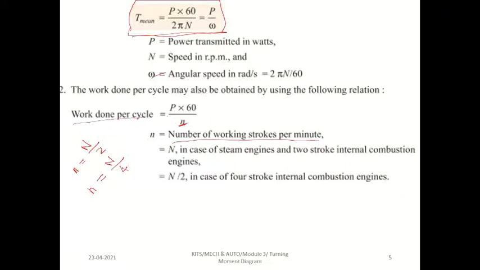Sorry, N by 2 here, because one revolution means two strokes. For example, the crank is moving from this place to this place, and between this it will have two strokes. First, for example, the suction stroke, then the compression stroke.